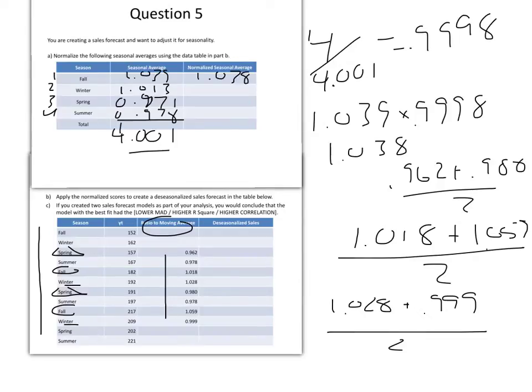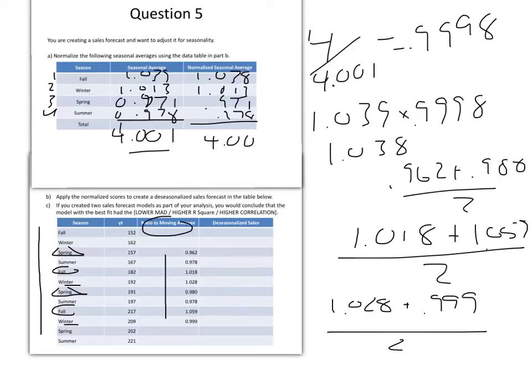And the rest of these, for all practical purposes, are the same. 1.013. We multiply these out, but again, because of rounding, they're going to be about the same. And 0.978. And then these will all sum to 4. So that's how you know that you've done it properly. If these all sum to 4, then you'll be in good shape.